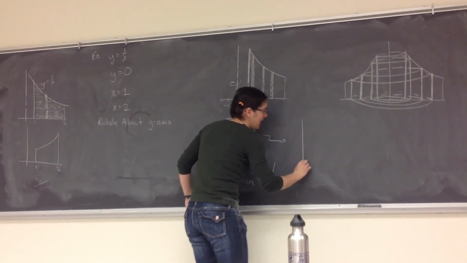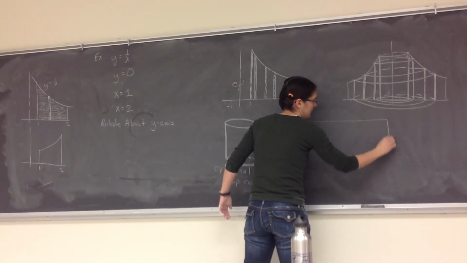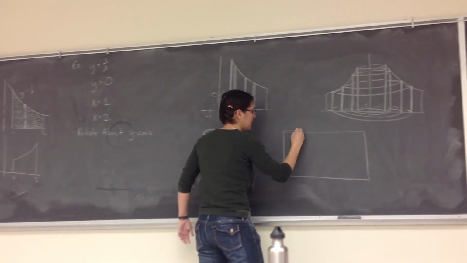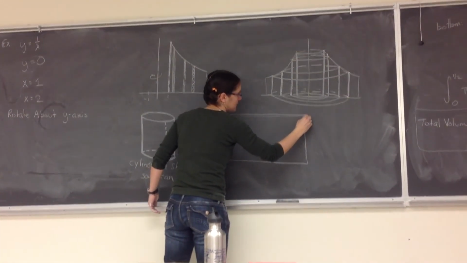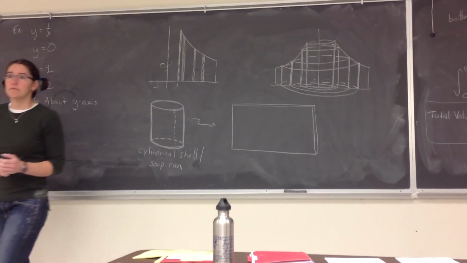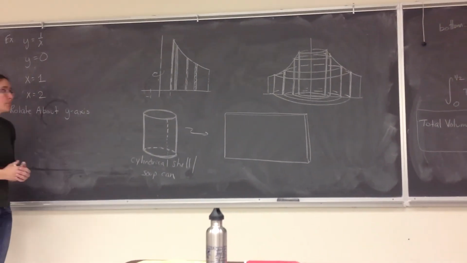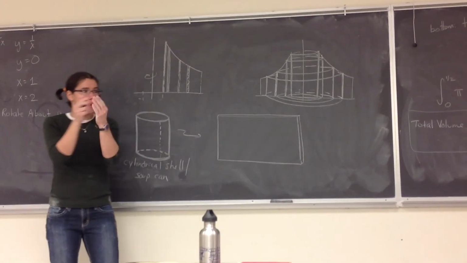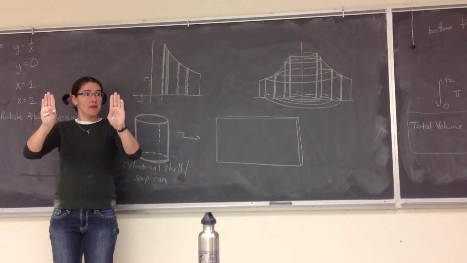And when I open it up, it's going to give me a rectangular piece with a little bit of thickness to it. So it's this very skinny slab that was my metal can that is now opened up into a rectangle.